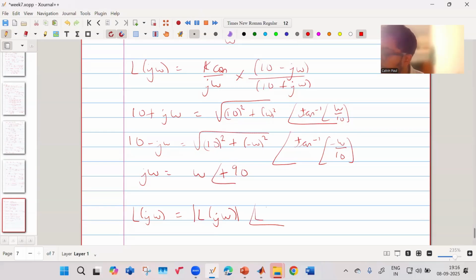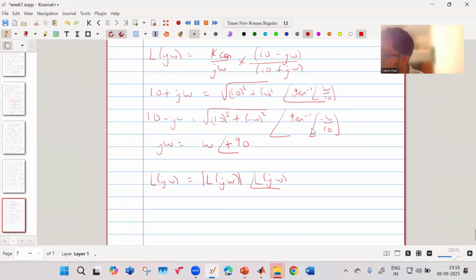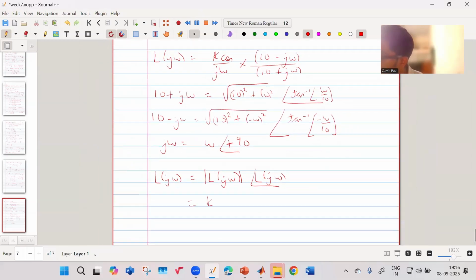Now, my L of j omega, I write it in terms of the magnitude and the phase. So that is K controller upon omega, square root of 10 square plus omega square upon square root of 10 square plus omega square, into the angular contribution.